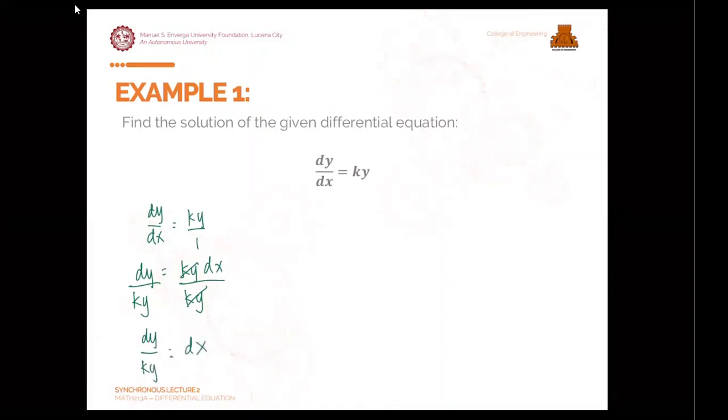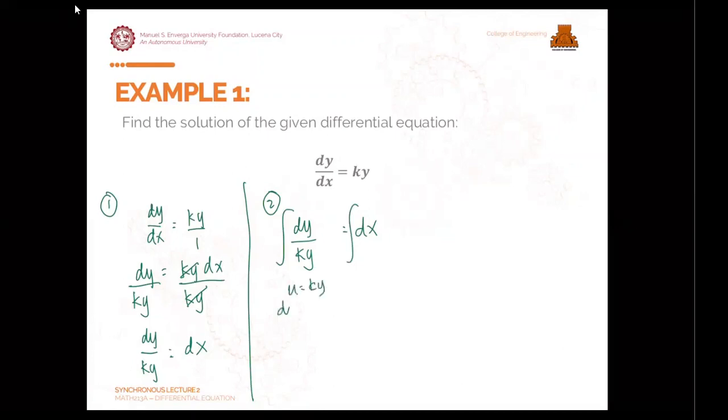Okay? So, once na-separate na natin yung y and x sa each side, ito yung first step natin. So, second step natin is to integrate. So, we have dy all over ky equals to dx. So, integrate daw natin. Kapag integrate tayo, since ang u natin dito is ky, so dapat ang du natin is k dy. So, kailangan natin ng k dy din. So, mangyayari, 1 over k.